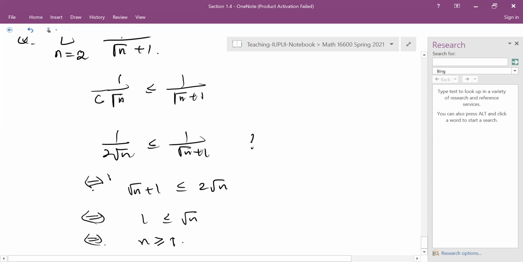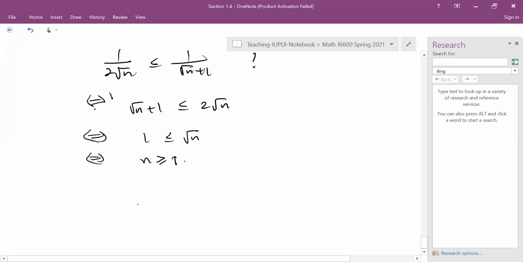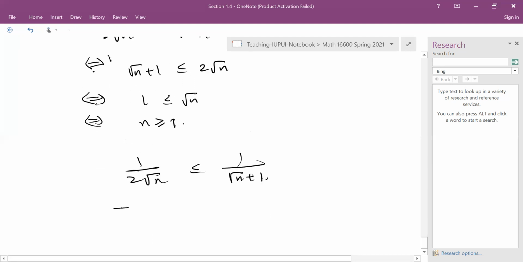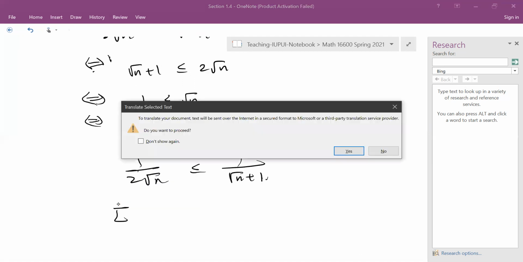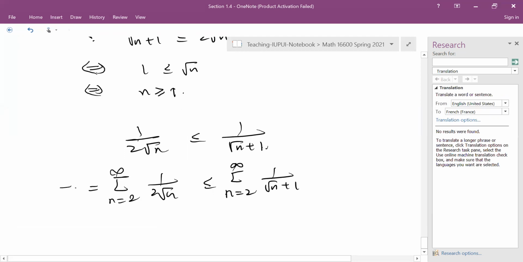So n greater than 1 guarantees all the above inequalities hold. Then I have the following identity. Therefore, the one on the right-hand side is infinity. This is by the P series test.